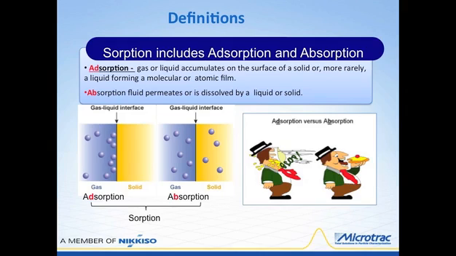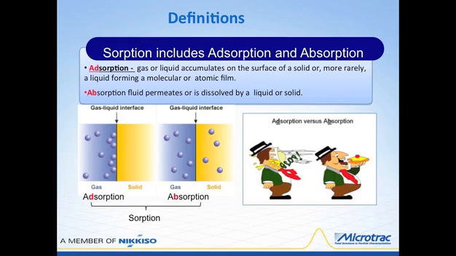And just to give this a little bit of a different view, we can look at our chubby little friend over here, and while he wants to eat this pie and consume it and absorb it into his body, the other type would be adsorption, where he kind of gets hit with the pie, and the next thing he knows, he's covered with that pie and its contents, and it's on the surface.